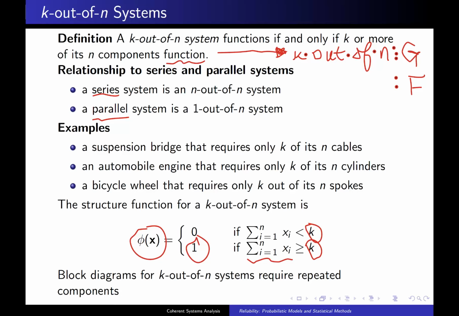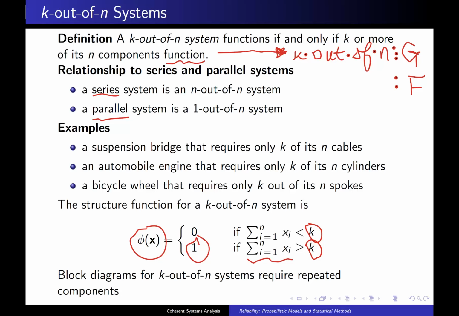There are two types of systems which are not K out of N systems but are very close. The first one is called a consecutive K out of N system. This type of system depends on where those K failures occur.